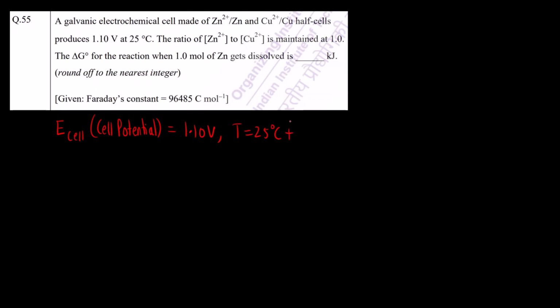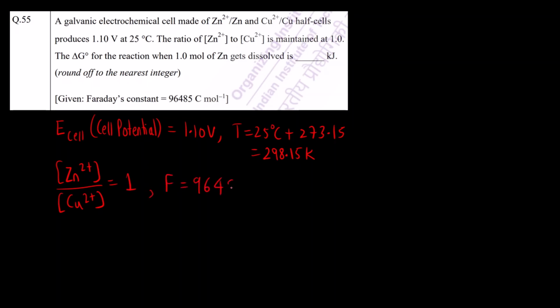I can convert it into Kelvin by adding 273.15, and I'll get 298.15 Kelvin. And what else is given? The concentration of Zn2+ and the concentration of Cu2+ is given, that is 1. And the value of F is given, 96485 coulomb per mole.